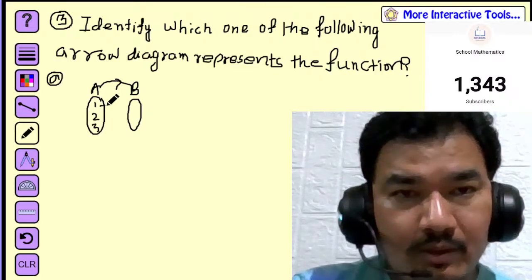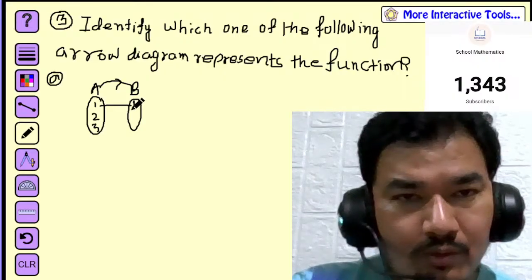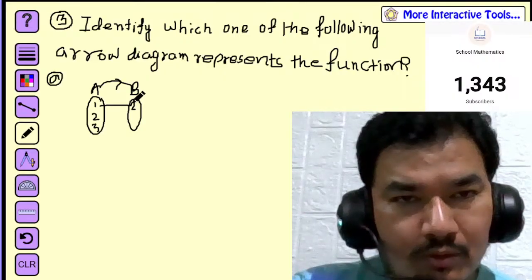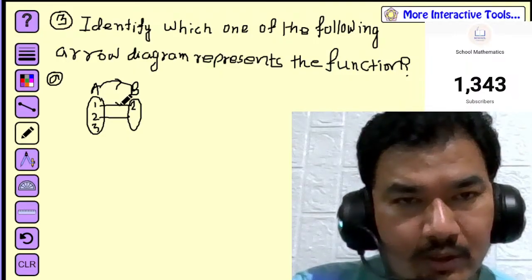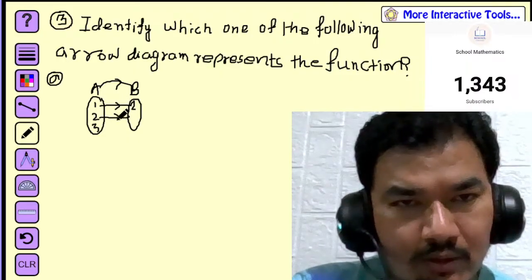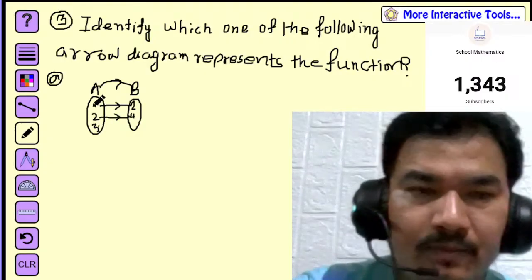Suppose here is given two, and here is given its association with four, and here it does not have any association.